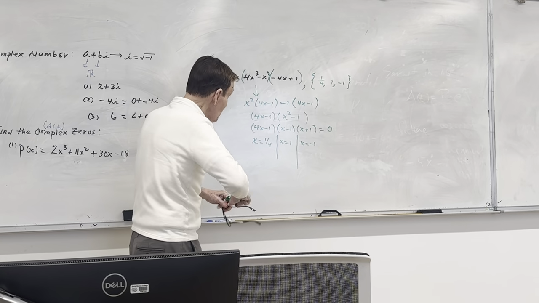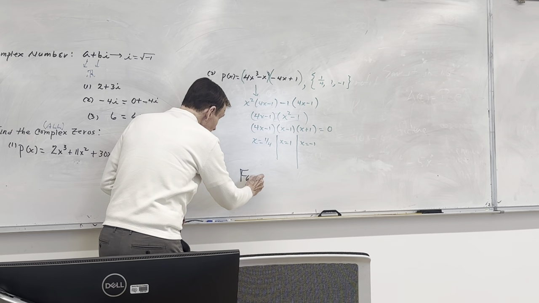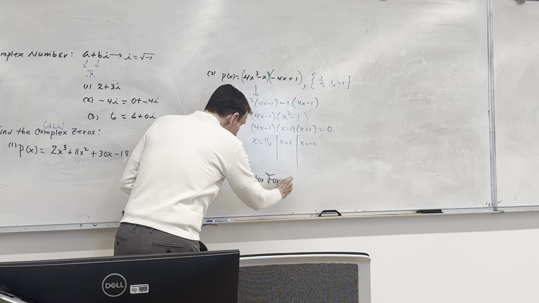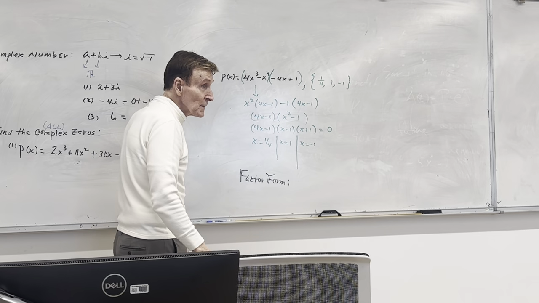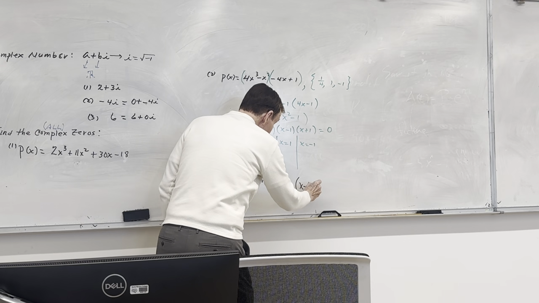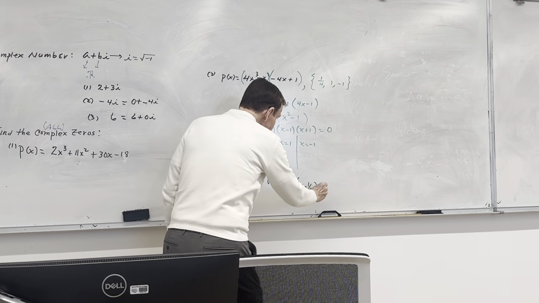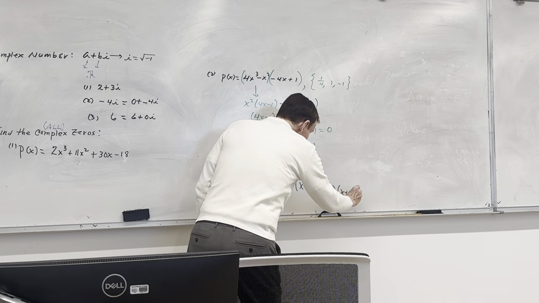So you're saying, Professor, if I ask you now, after I do all this, to put this in factored form, I'm factoring this, and Billy says it starts out with x subtract 1/4. Yeah. x minus 1, x minus 1, x plus 1, and x plus 1. Look at that.